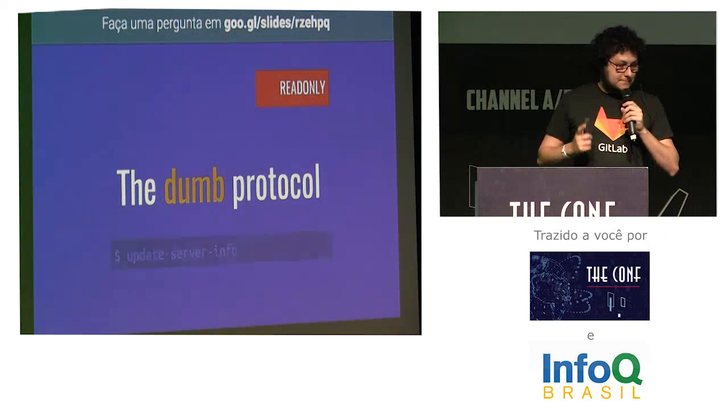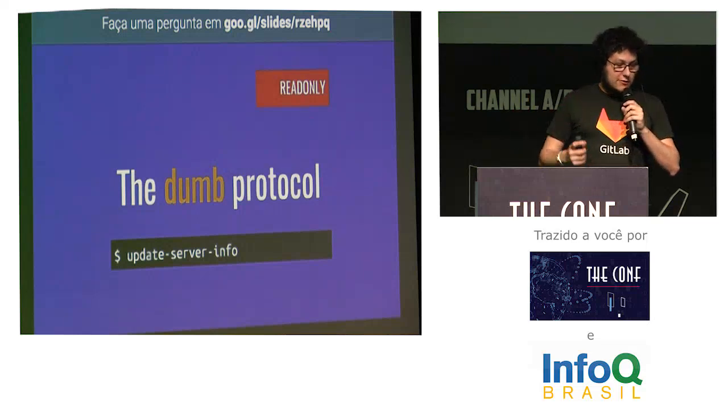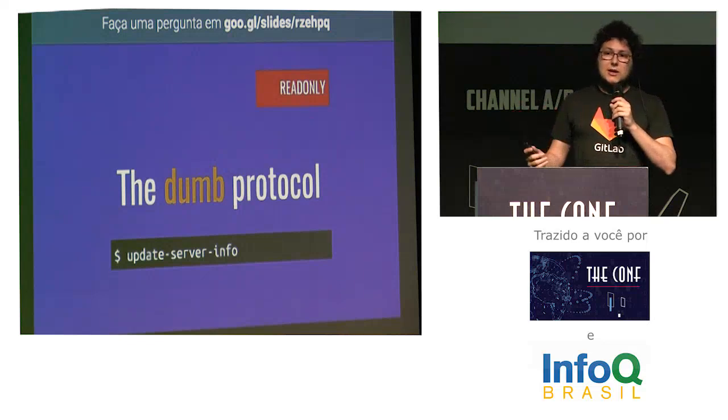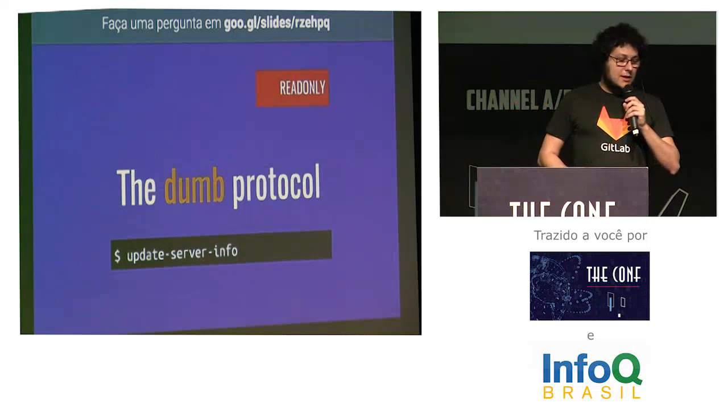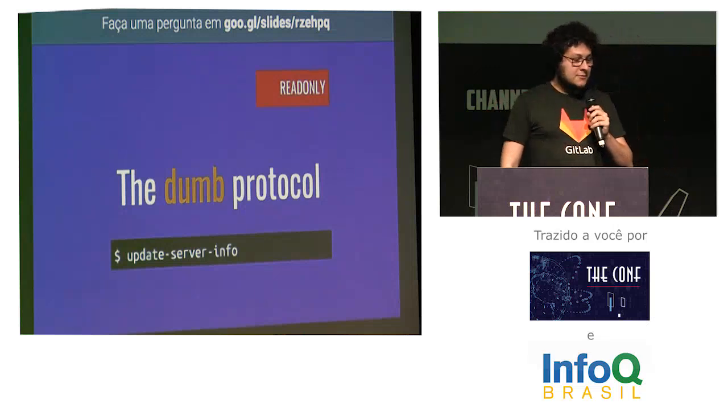And it requires you to change the way that you store your repository. So if you have a repository that you want to expose to the internet, you can use Apache or Nginx, put it into a public folder, run this command inside your Git repository, and you can clone. It's out there.